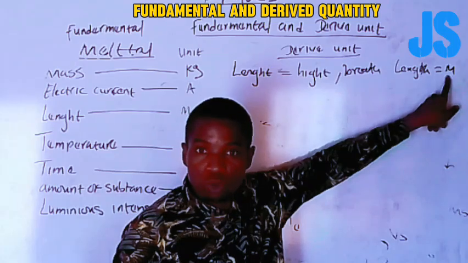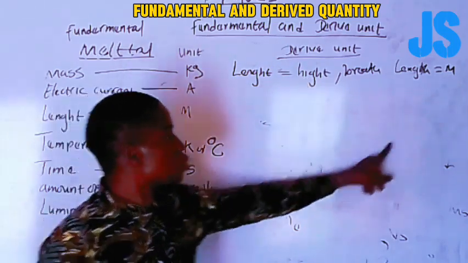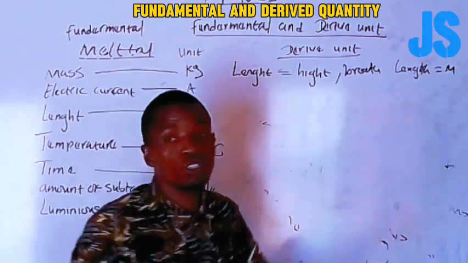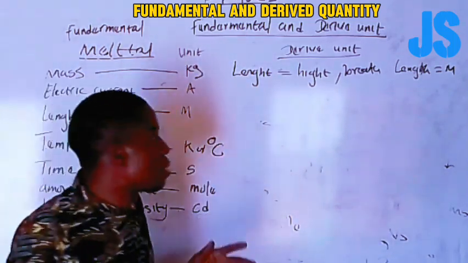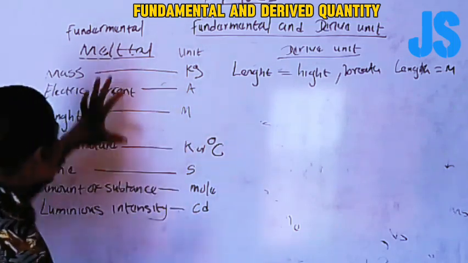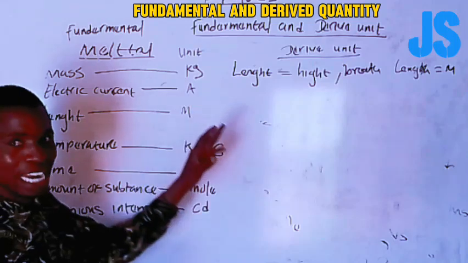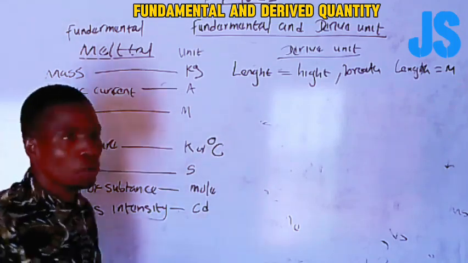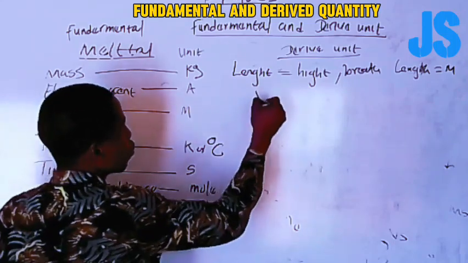The unit of length is meter. The unit of height is meter. The unit of breadth is meter. All of them are lengths. Now, we combine these together to form derived quantities. What are the derived quantities? Number one, we have volume.